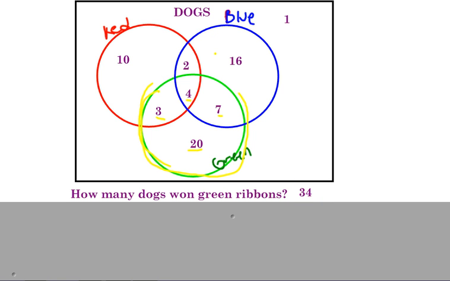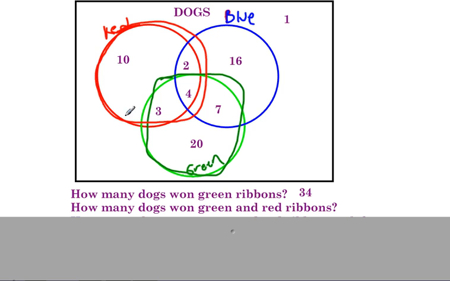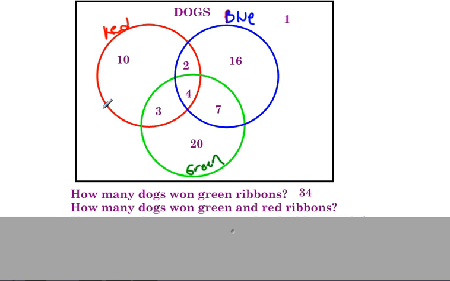Okay, the next question. How many dogs won green and red ribbons? If they won green and red ribbons, that means they have to be inside both the green and the red circle. So where do the green and the red meet?